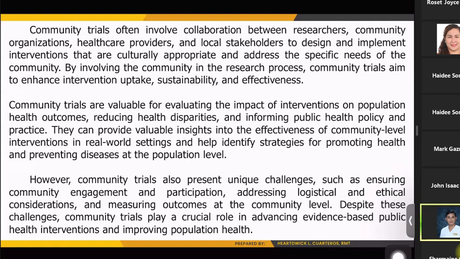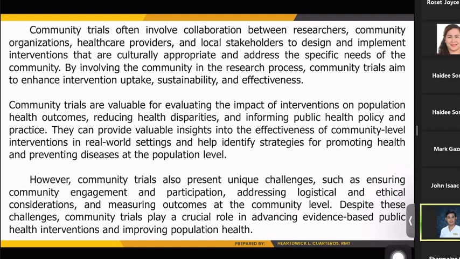Okay, so community trials often involve collaboration with different researchers, community organizations, health providers, and local stakeholders to design and implement interventions that are culturally appropriate and address the specific needs of the community. Okay, so there is an involvement of the community with the researchers, okay, in the process. Community trials enhance now the intervention uptake, sustainability, and effectiveness.